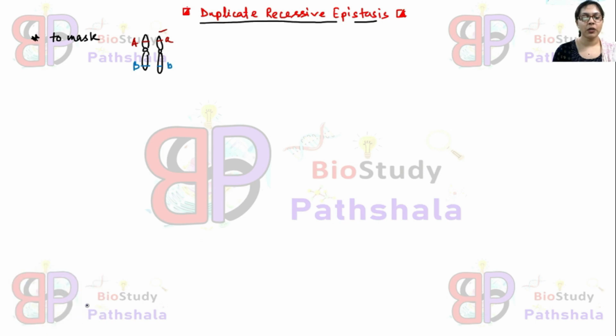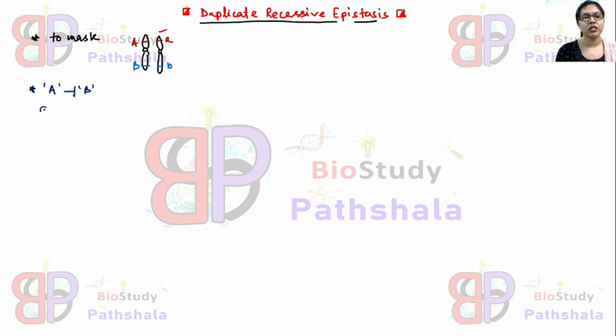In case of dominant and recessive epistasis, the epistatic gene masks the effect of hypostatic gene's expression. So in these two videos, we have learned that A was epistatic gene and masked the effect of B gene's expression.